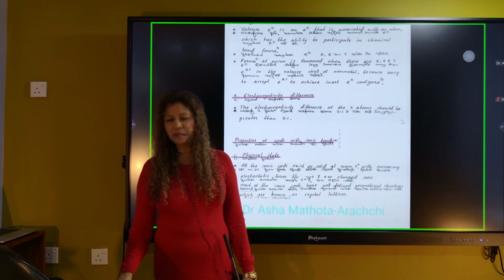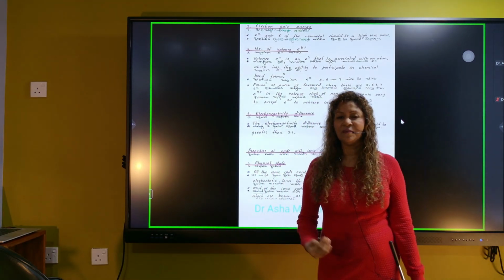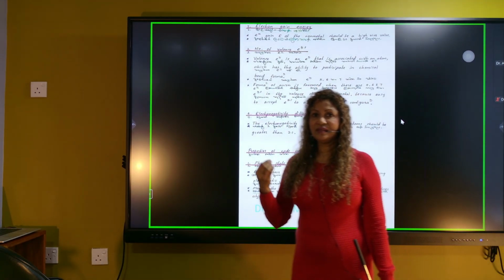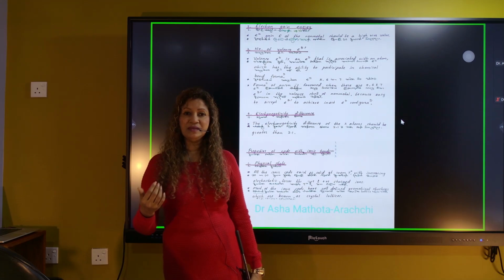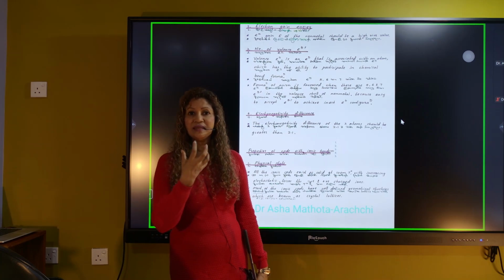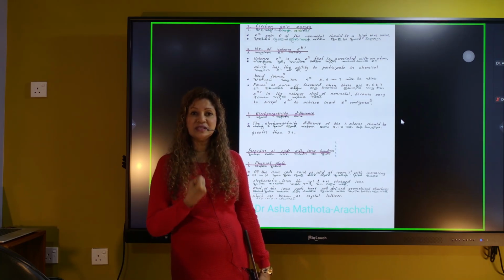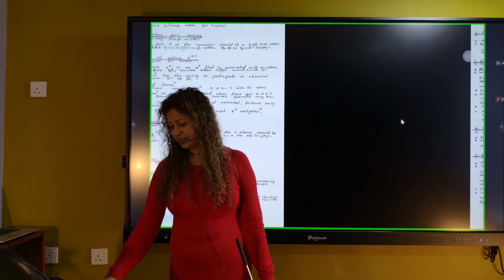Then we talked about the properties of ionic compounds. The very first one is the physical state. With solid negative and solid positive, they make a stronger electrostatic interaction, so they all exist as solids.